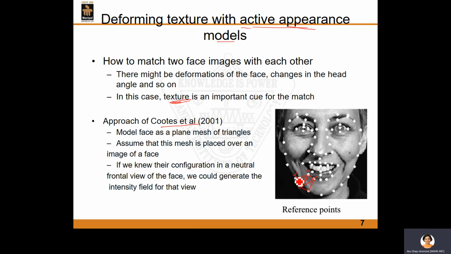So while I'm trying to deform the image, I have the old or the actual set of landmark points. I also have the target landmark points. So when I'm trying to move to the target landmark point, that target landmark point would be the new pixel intensity which I have to find out, and which would be present inside a triangle, right? So that is how we make use of the barycentric approach.